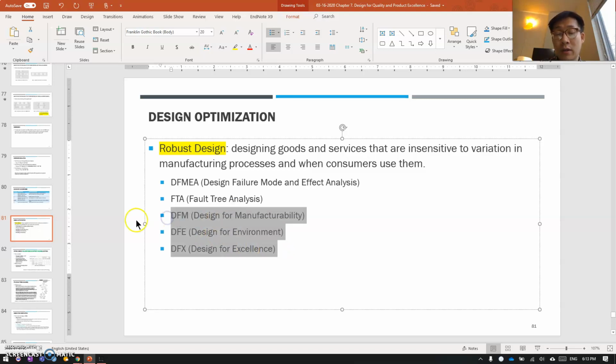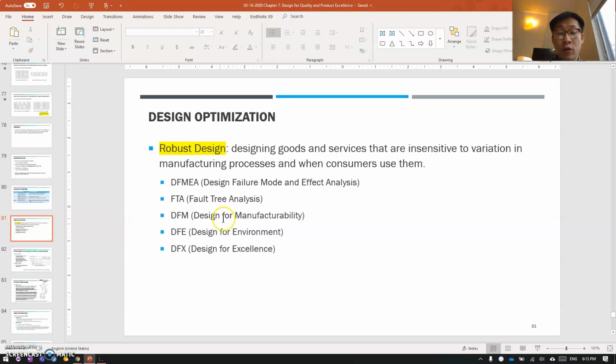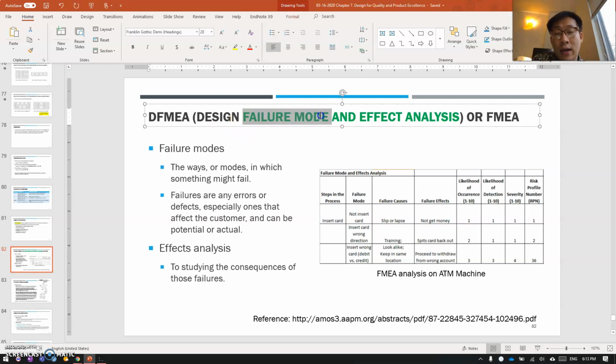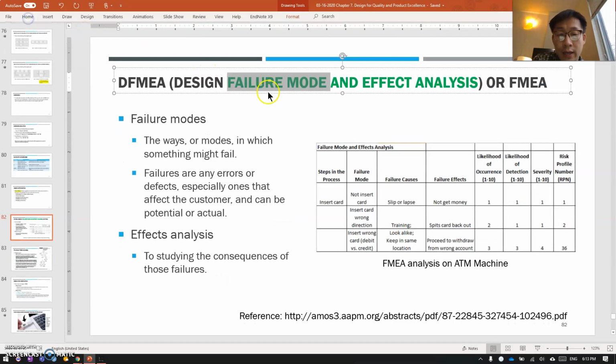The last three components are pretty straightforward and self-explanatory, so I'd like to highlight these two things. Design failure mode and effect analysis, as its name says, identifies all the potential failure modes and the potential effect of such failures.